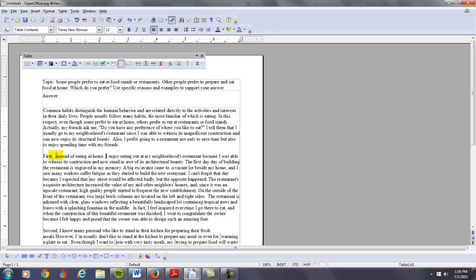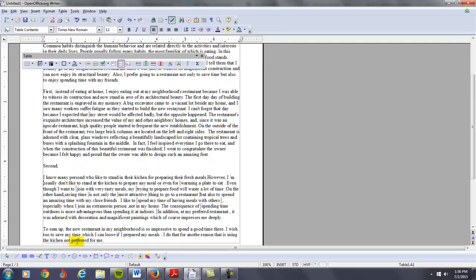So I'm using this idea here because this goes back to eating food at home as opposed to preparing. Eating food at home versus eating food at restaurants and stands and so on, right? So then once we get to the next idea, I think we need to connect this a little bit better too. But let's go back to this paragraph.